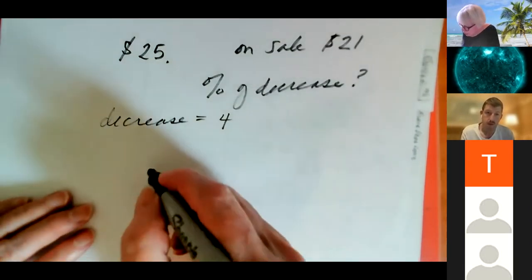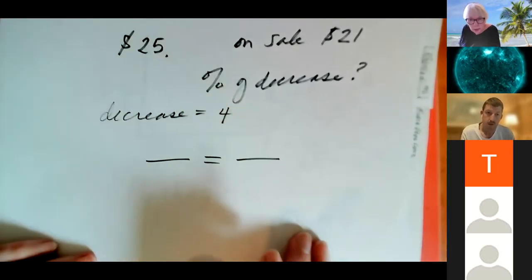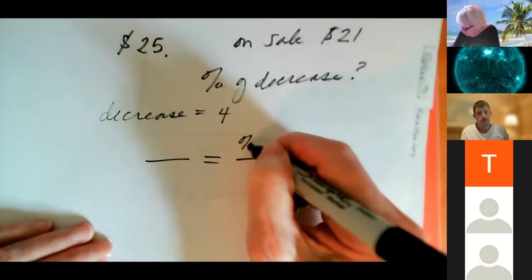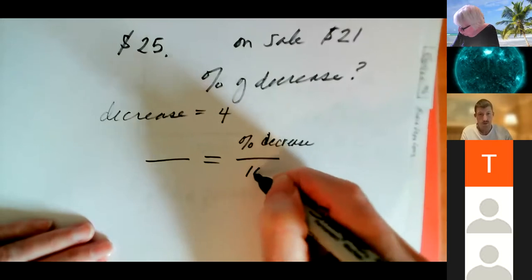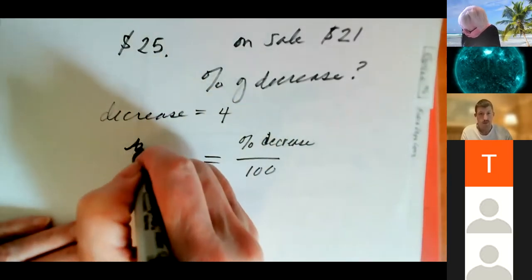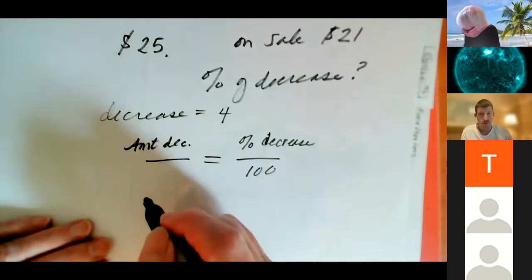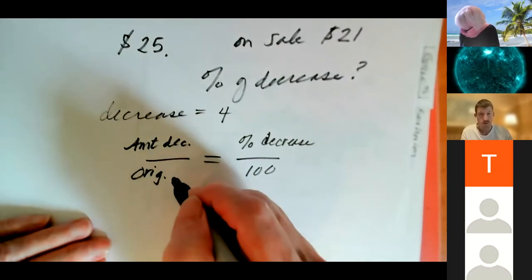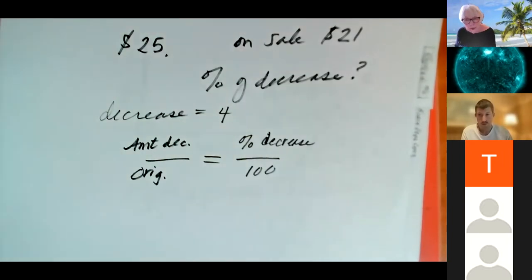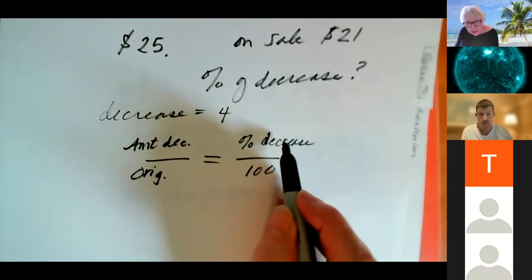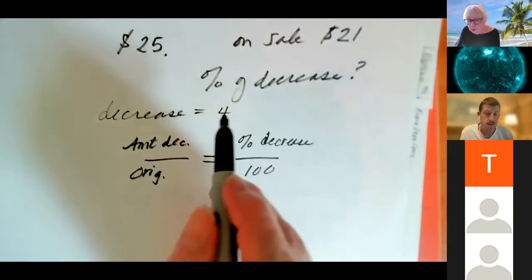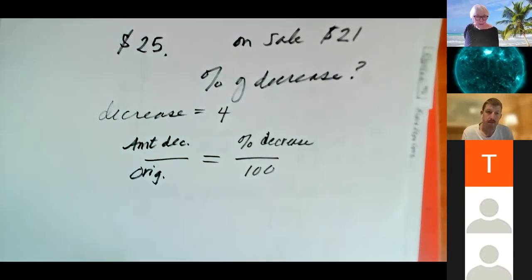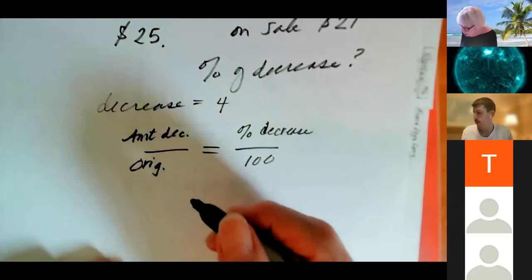So in order to get the percent of decrease using this approach, in this case, it's decrease over 100. This will be the amount of the decrease over the original. Because if we want the percent of decrease, then we have to match it with the amount of the decrease. The amount of the decrease is not $21, it's 4. How is that? So let's proceed with this.